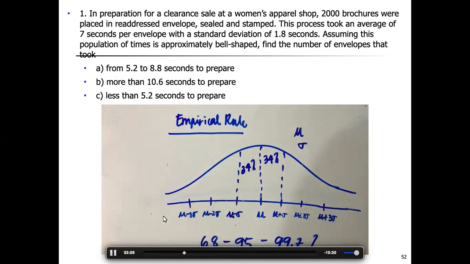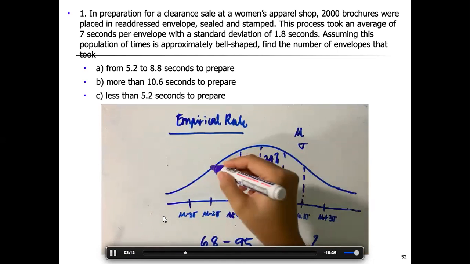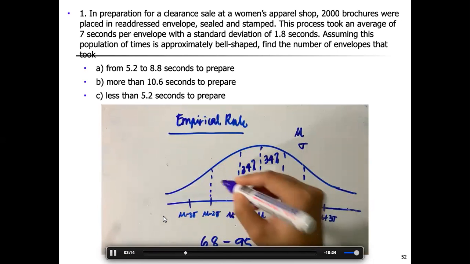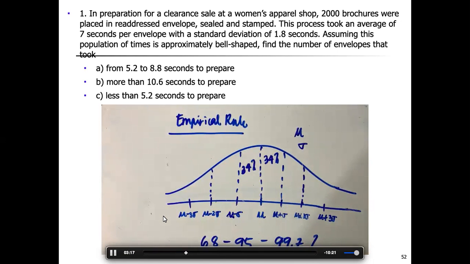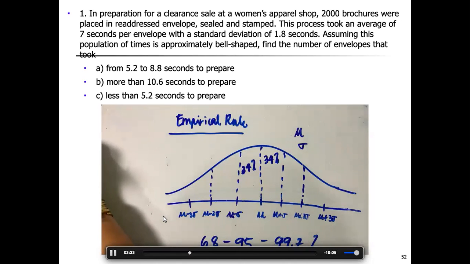So two deviations to the right of the mean and two deviations to the left of the mean give me an approximate of 95% of your distribution within two standard deviations above and below the mean. That means if this is 95%, the 95% will be divided into two equal parts, so we have 95 divided by 2.